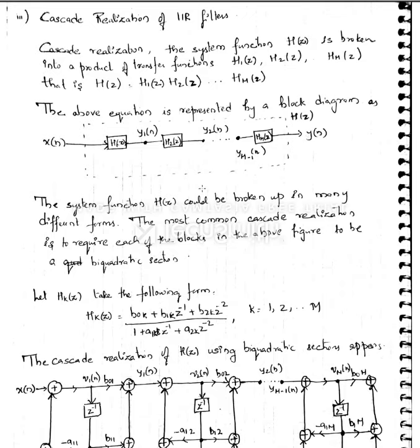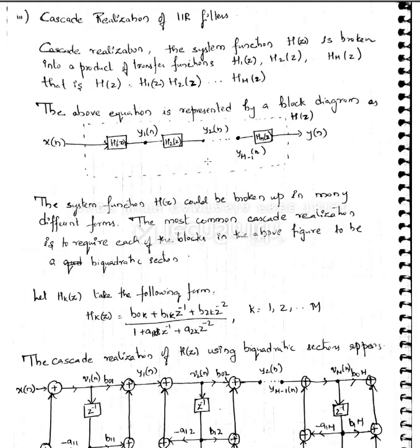Now you can go for realizing these structures. This individual H1 of z, H2 of z, or H3 of z, or however many transfer functions you have, you are going to individually realize using either your direct form 1 or direct form 2.